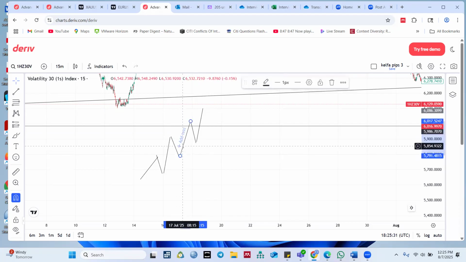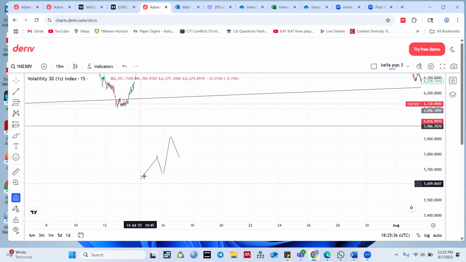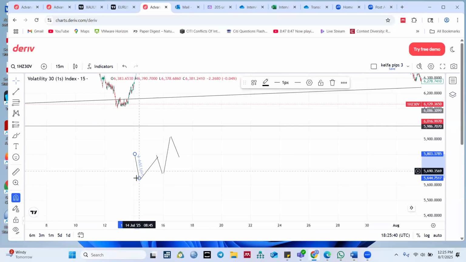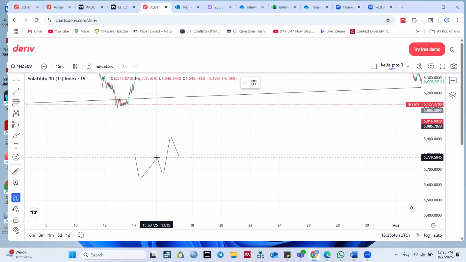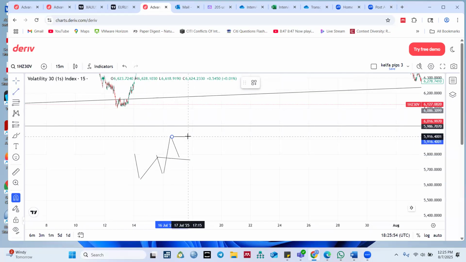So let's say, for example, the market was coming from the upside here, and it got down here, and then we saw it push up. The moment it drops down like this, and then pushes up to take out this area and makes this area, we call it a break of structure.